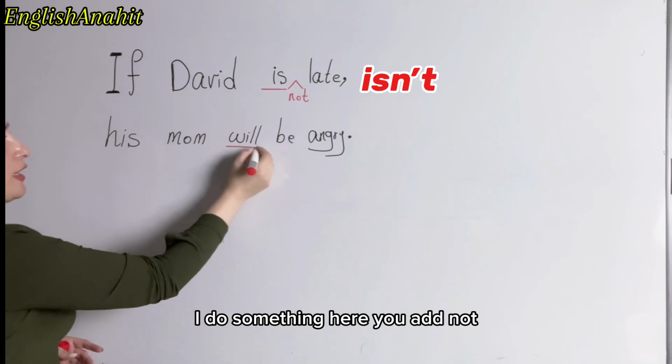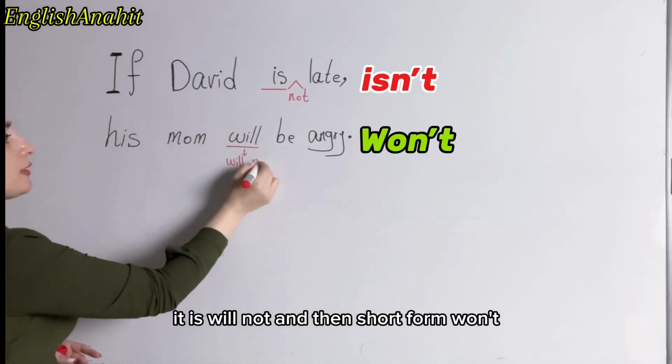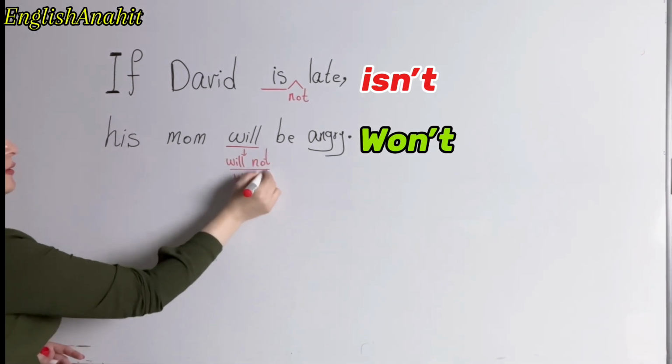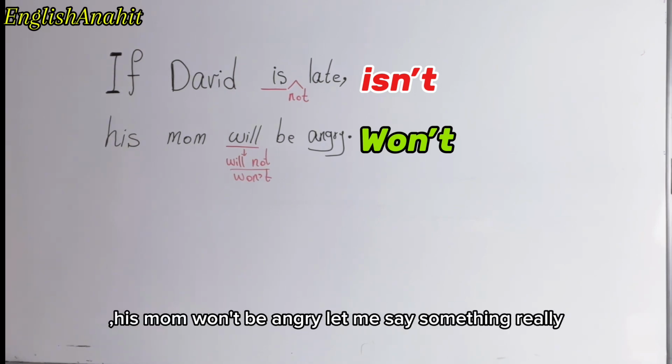I do something here, you add not, it is will not, and then the short form, won't. If David is late, his mom will be angry. If David isn't late, his mom won't be angry.